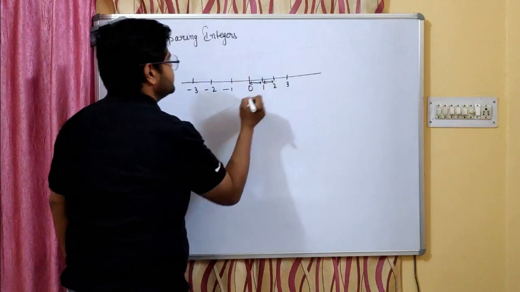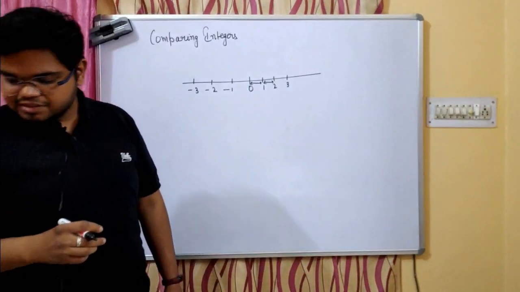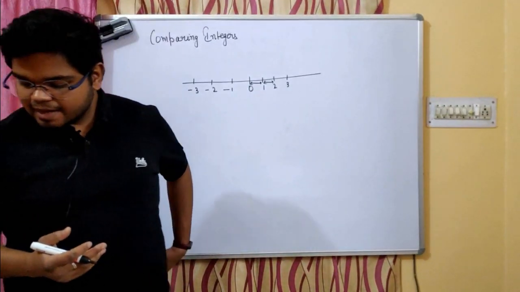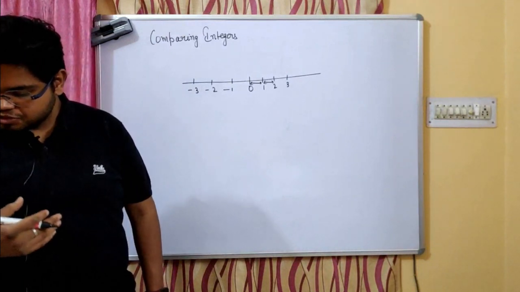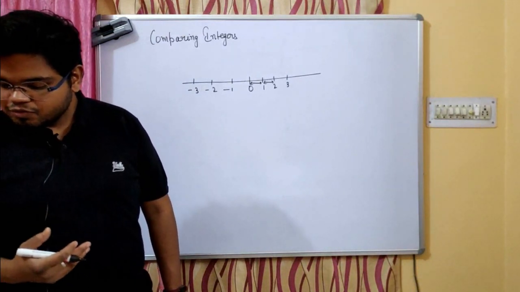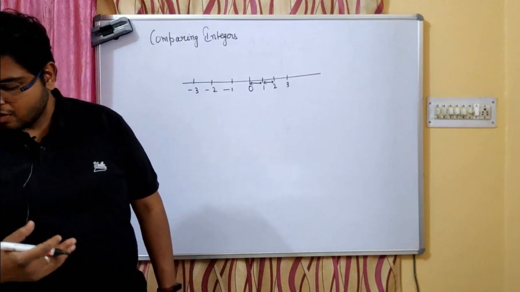So in comparing integers, the greater of two integers is always to the right of the smaller one.